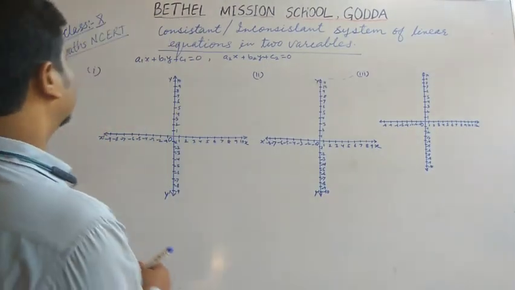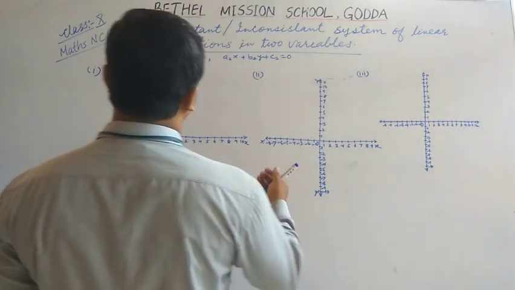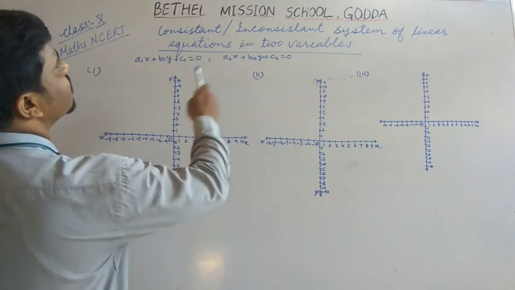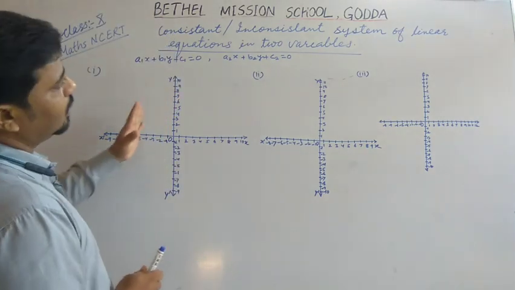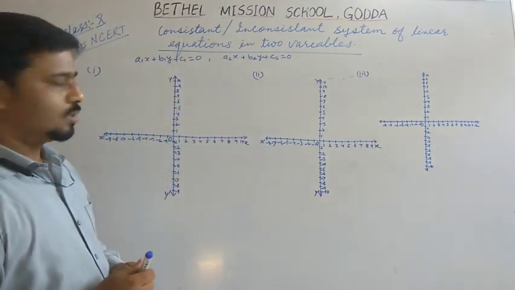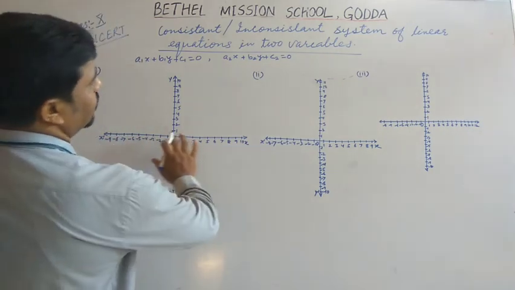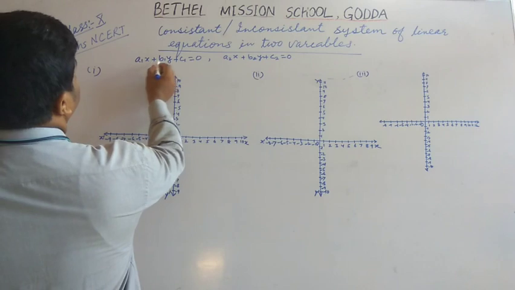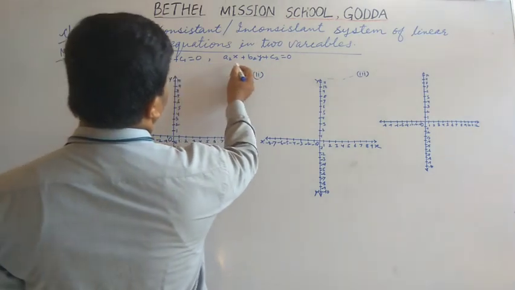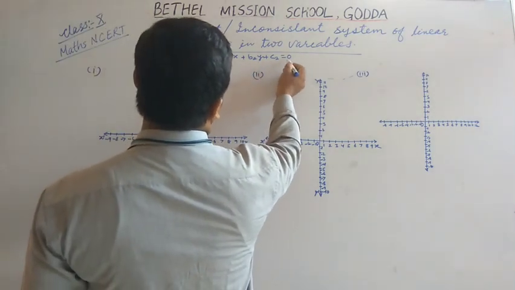Okay, so let's see how we can identify a consistent and inconsistent system of linear equations in two variables in the graph. So you can see three pictures, three graphs. a1x plus b1y plus c1 equal to 0, a2x plus b2y plus c2 equal to 0.